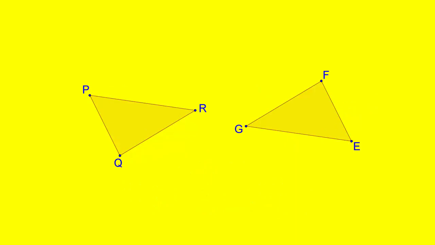Now, if you look at this set of triangles, the orientation doesn't look exactly the same. It looks like it was changed around a little bit. So in this case, if you ever notice the triangles look different, but you're told they're congruent, like for instance, let's say we were told triangle PQR was congruent to triangle EFG.